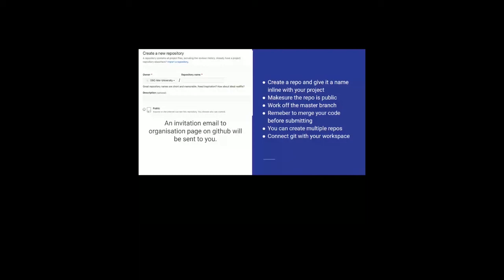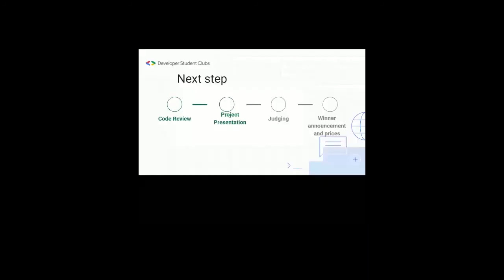And you are encouraged to connect Git with the Slack workspace so that you can have easy access to updates. So what's the next step after doing all this? So you select a project, you work on the project.